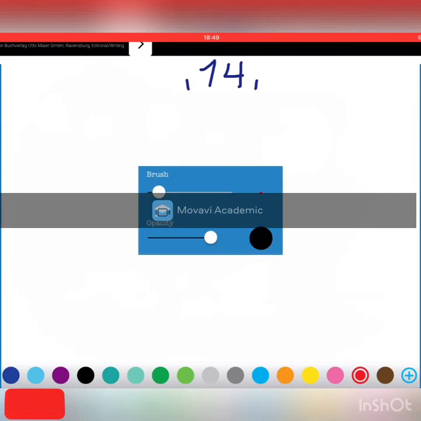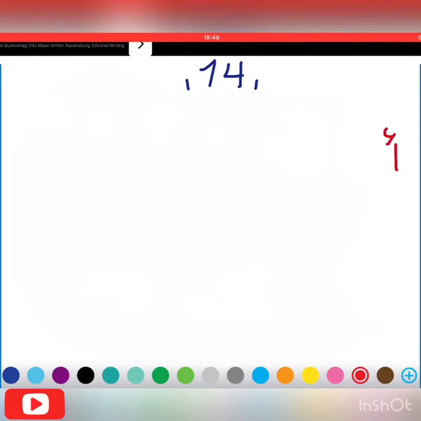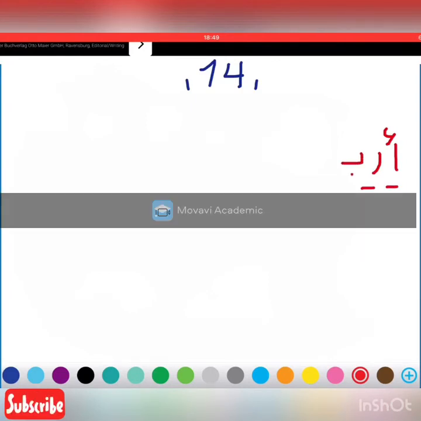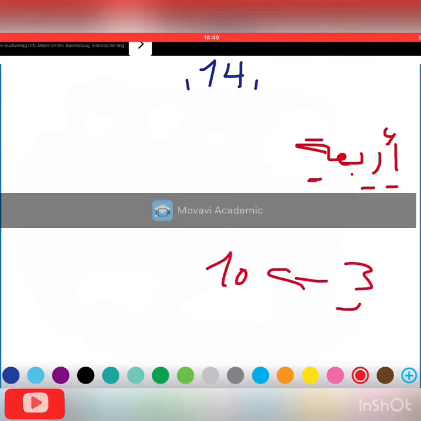And then 4, أربعة. Alif cannot be connected from here. So أربعة, ain, أربعة, ta marbuta in the end. And you need to know that from 3 to 10, all these numbers at the end have ta marbuta.